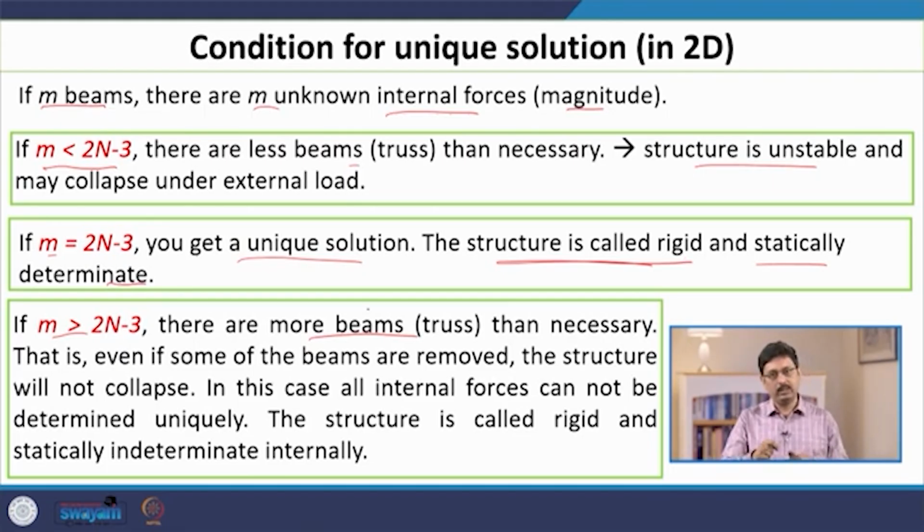But you can always add more beam elements to this minimum structure, and then you arrive at the situation where m, the number of unknowns, is bigger than the number of equations, which means that some of those beams are redundant. That means that if you remove some of the beams, the structure will not collapse. In this case, all internal forces cannot be determined uniquely, because you have more unknowns. So, this situation is called statically indeterminate.